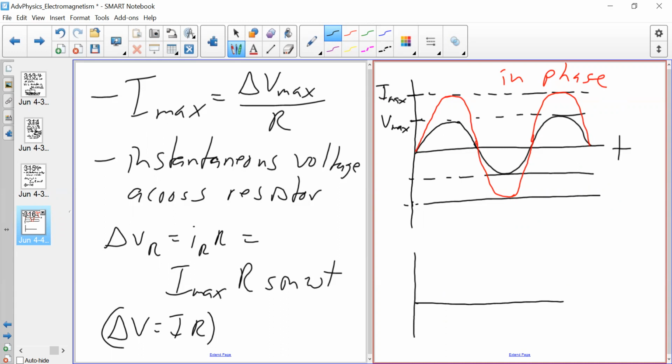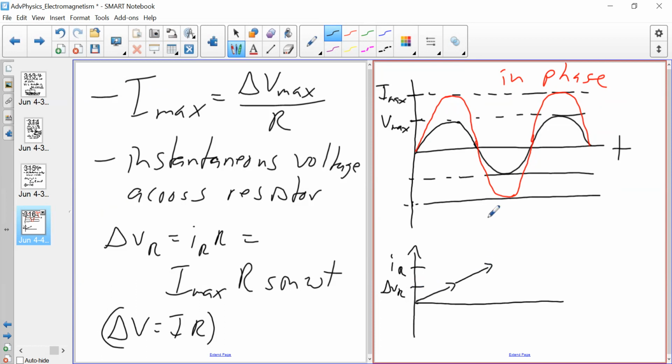So from a phasor diagram, the current across this resistor and the voltage, or delta VR, can be represented as a vector for this voltage VR, and then the current will be just a little bit longer than that.